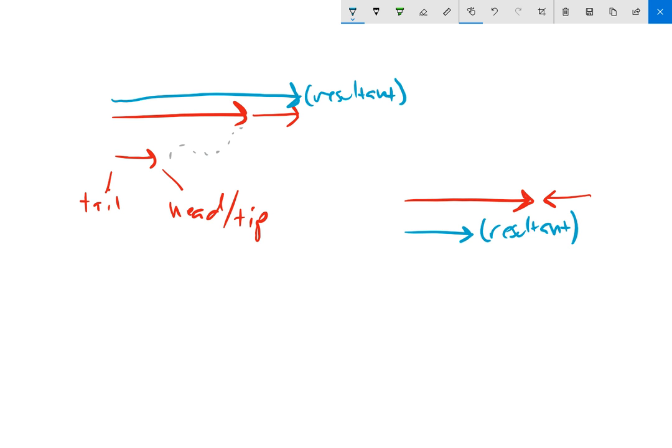Now let's go back and think about that ship example, because you can also use vectors and vector addition to think about moving in different directions, not along the same plane. I'll keep this blue, it's a nice blue. So I'm just going 10 meters per second east, and the wind was pushing me 2 meters per second south.